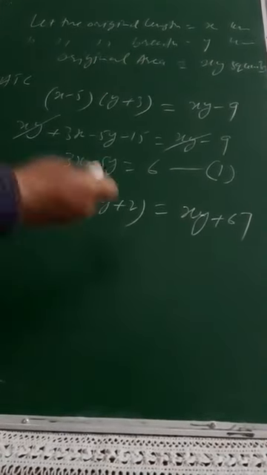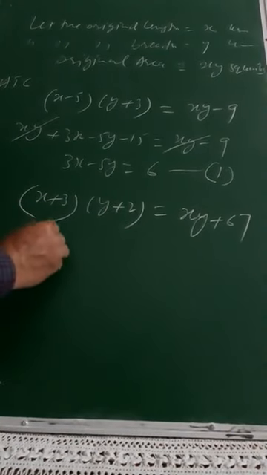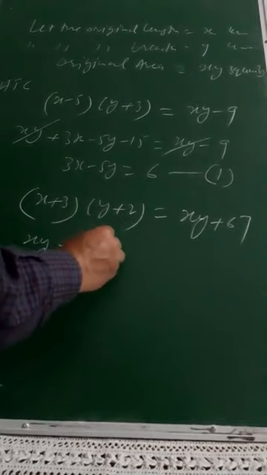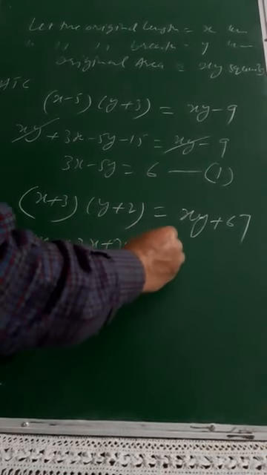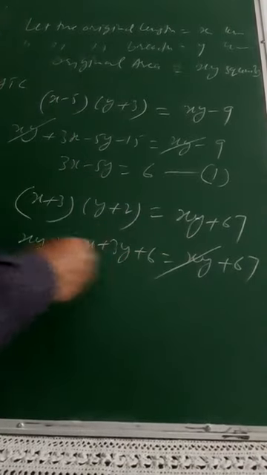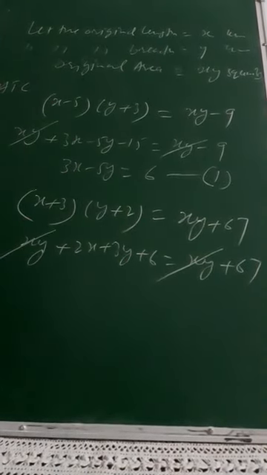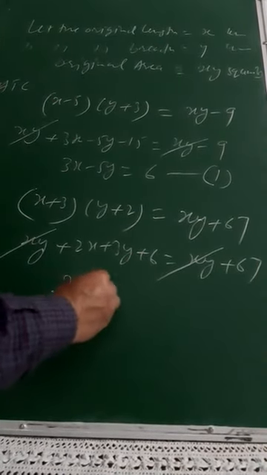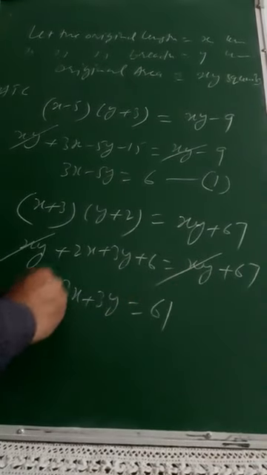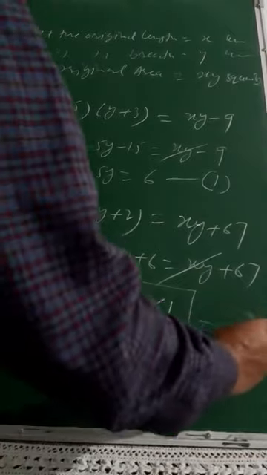Now again, x into y is xy, and then 2x plus 3y plus 6 is equal to xy plus 67. Again you can cancel xy with xy, and here it is 2x plus 3y. When you subtract 6, you are left with 61. That is your equation number 2.